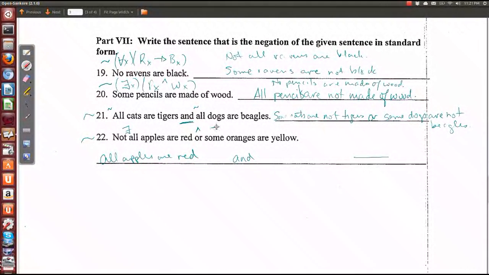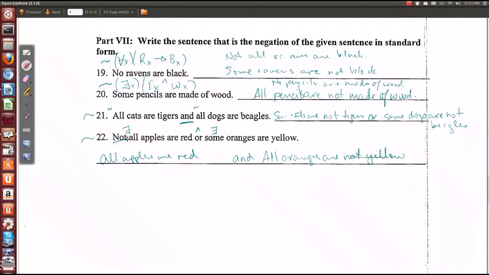And again, because this is existential, if I want the negation of an existential, I end up with the universal all oranges are not yellow.